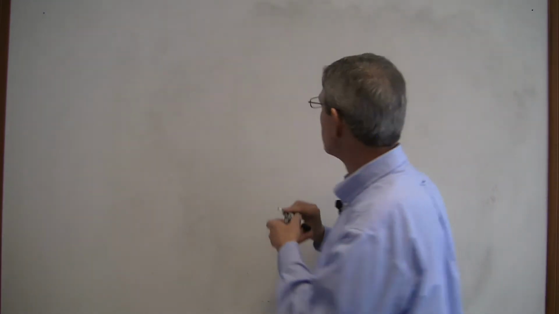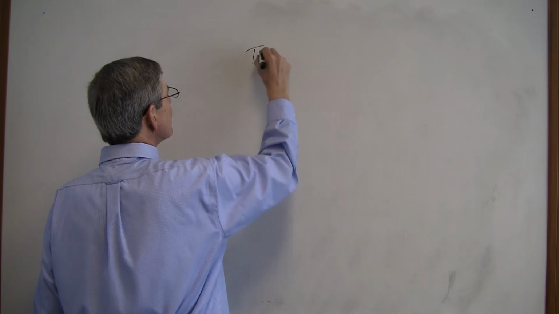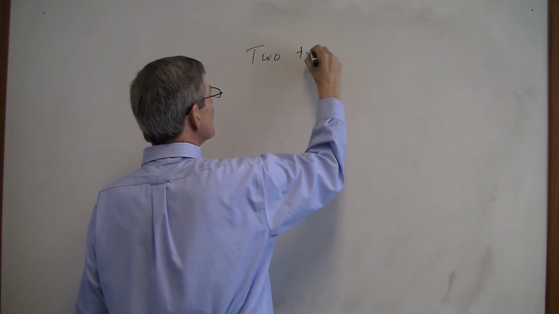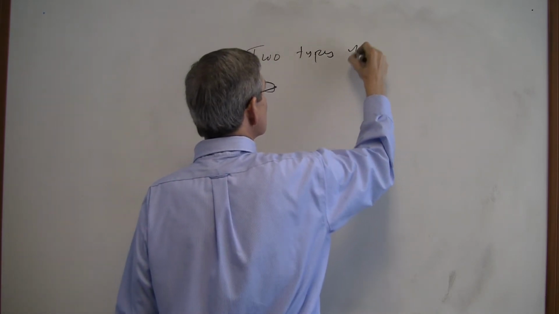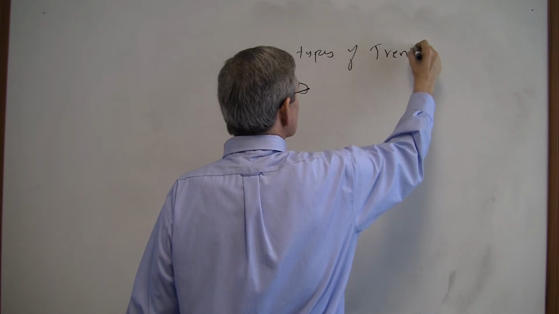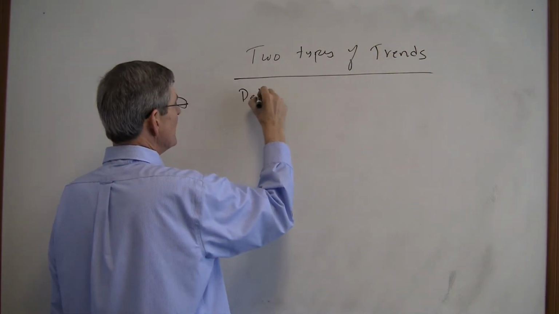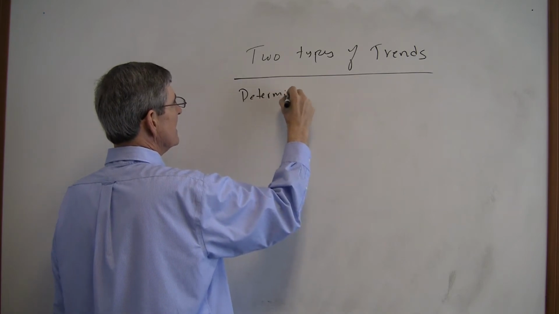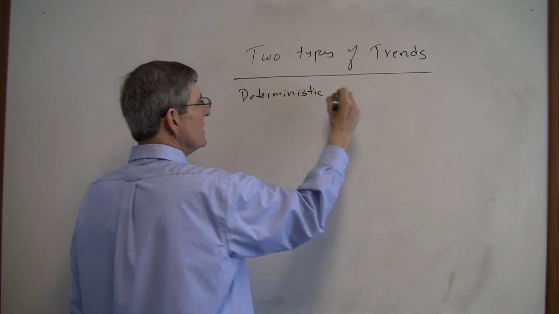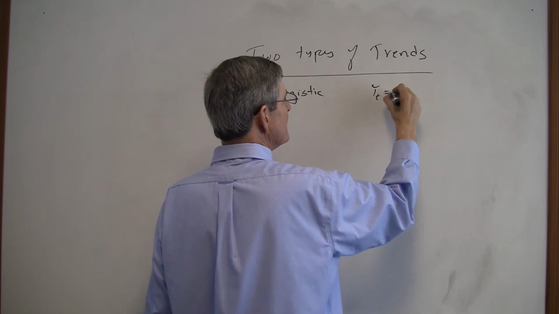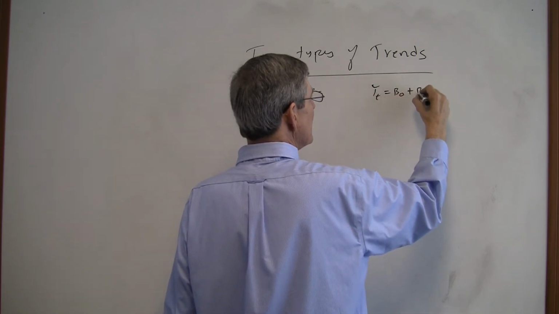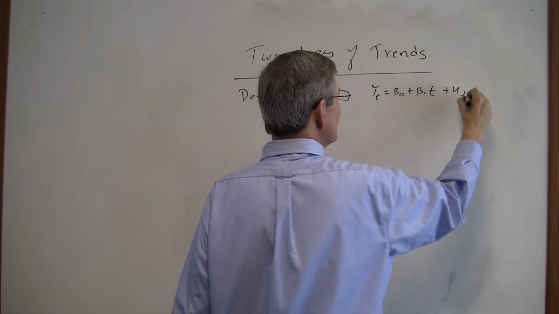There are two types of trends. The first is what we've been talking about up to this point, deterministic. So in this model, yt is beta 0 plus beta 1t plus ut.